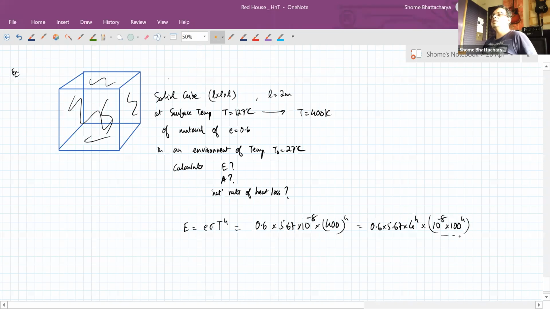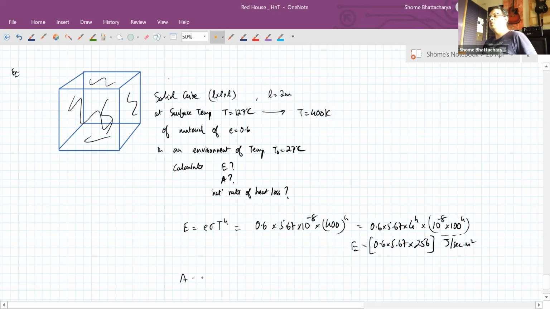So, this factor you can see will take care of itself. Okay. So, you're left with 0.6 into 5.67 into 4 to the power 4, that is 256. So, this much in joules per second per meter square. So, this will be the emissive power.